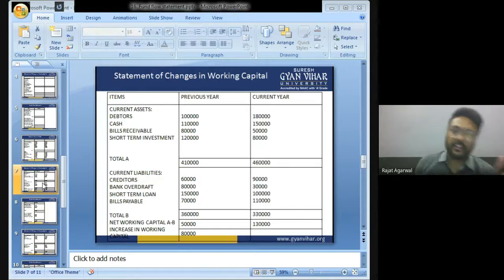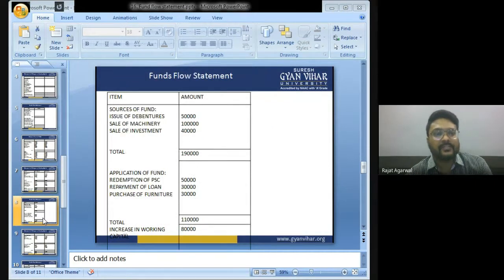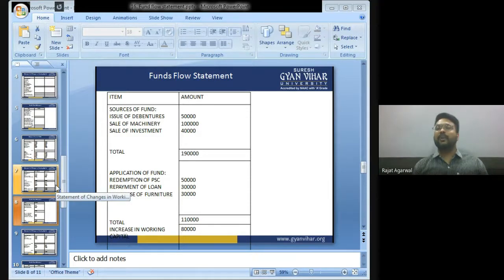Now you can check the statement of changes in working capital: increase in working capital 80,000. Fund flow statement: increase in working capital 80,000. From both, the answer will be the same, so in the exam you can also reconcile.